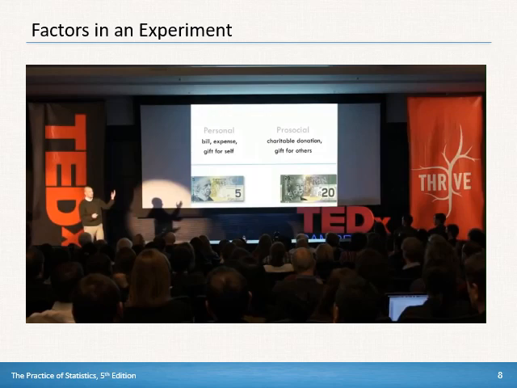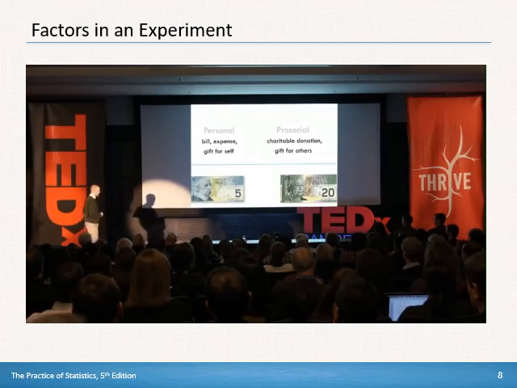And so if you think about it, there are four treatments, right? Two levels of one factor, two levels of another factor. Each of those factors has two levels in it. And so that's a total of four different treatment groups.